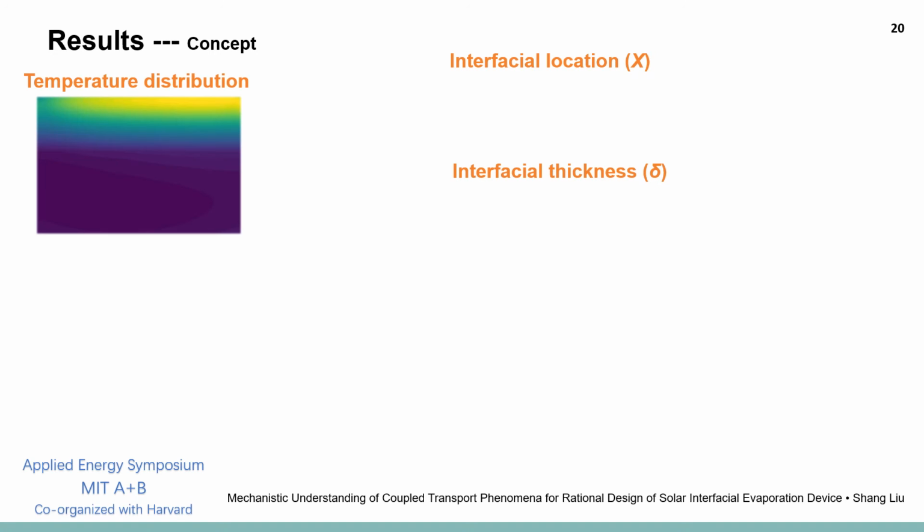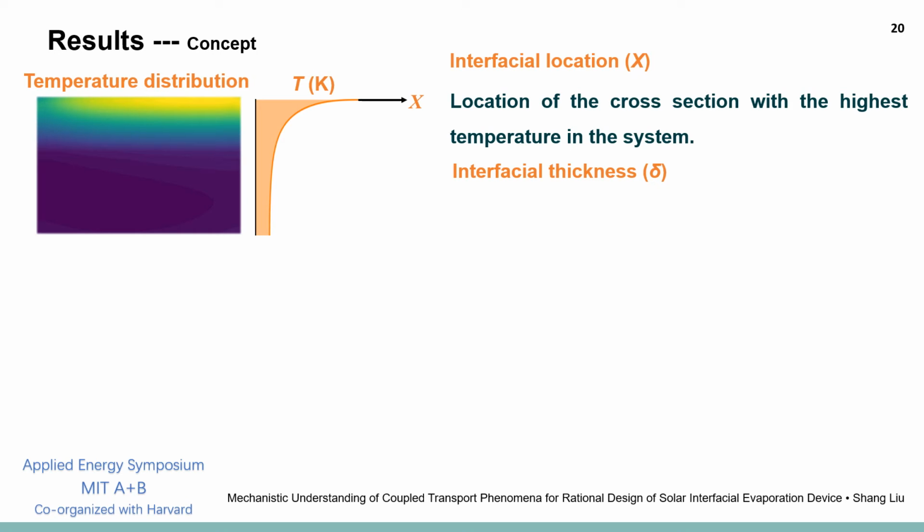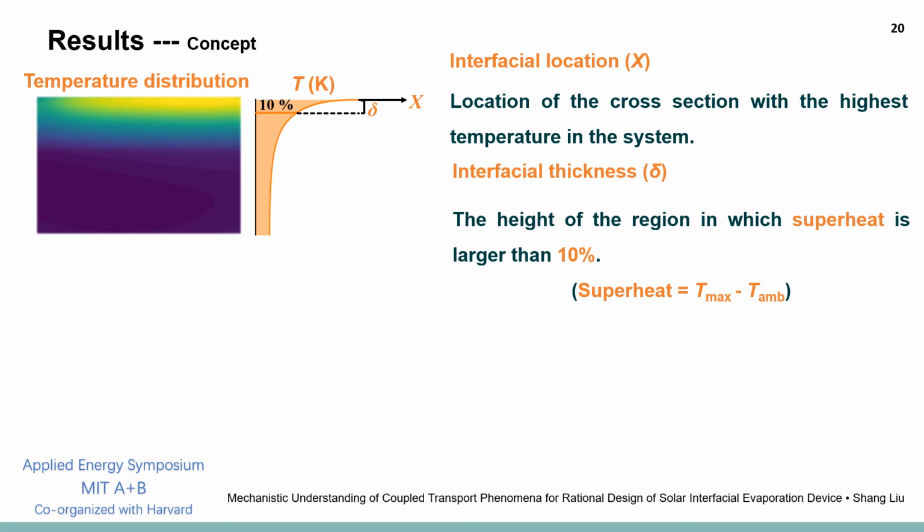Firstly, the interfacial location and the interfacial thickness are defined here according to the temperature distribution in the evaporator. The interfacial location is the location of the cross-section with the highest temperature in the system, and the interfacial thickness is the height of the region in which superheat is larger than 10%.